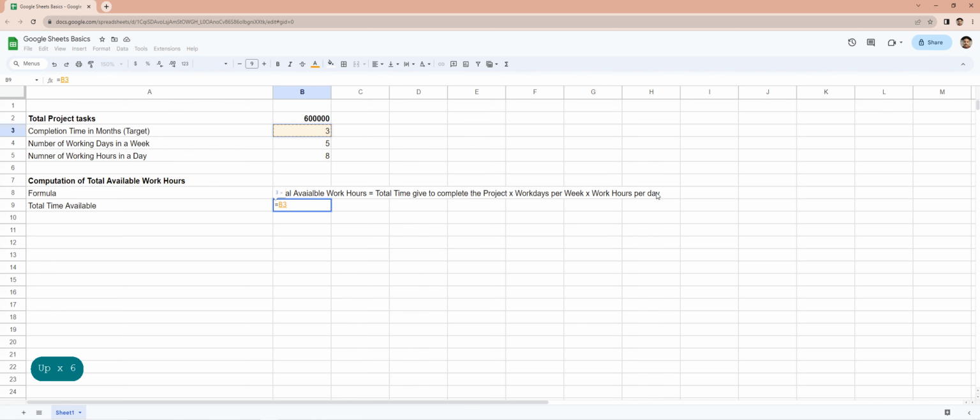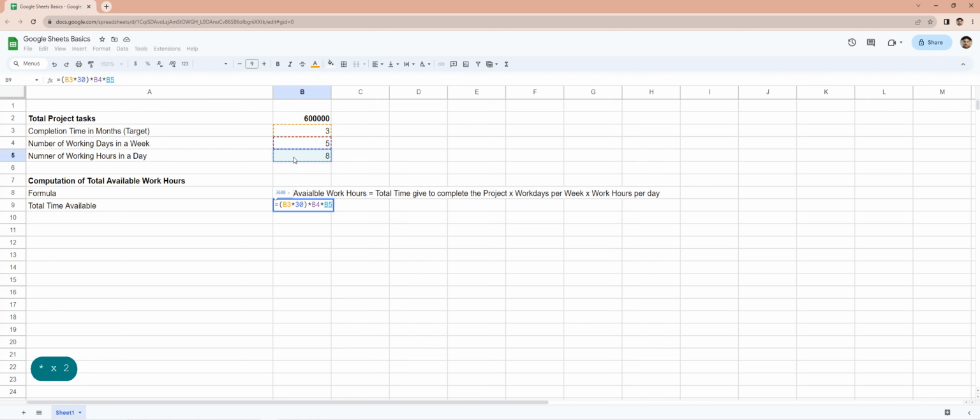3 months. When we say 3 months, I would like to convert that into the number of days. So 3 multiplied by 30 gets us 90 days, into the number of days in the week, that is 5, into the total number of work hours in a day.